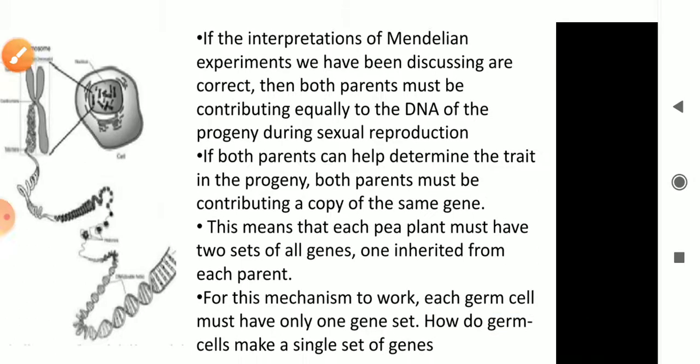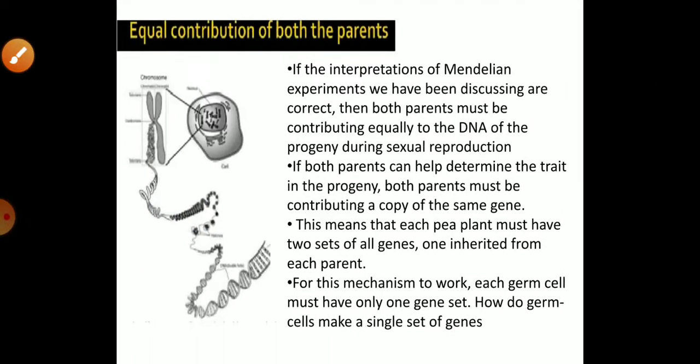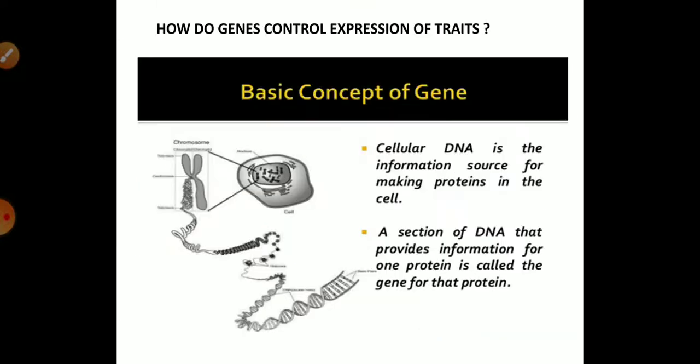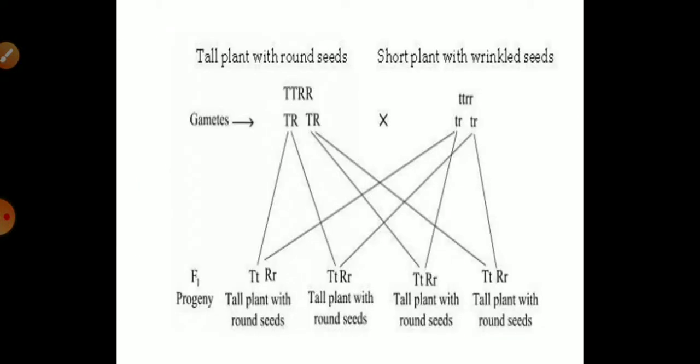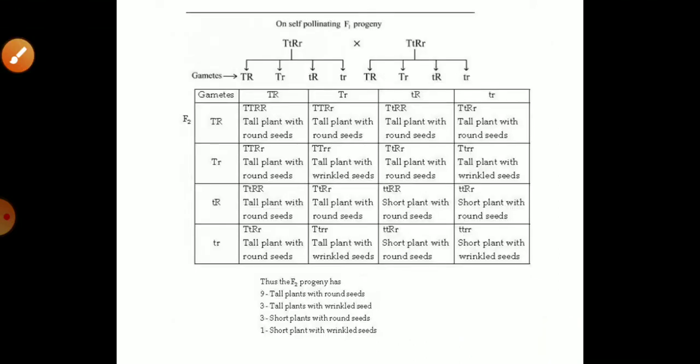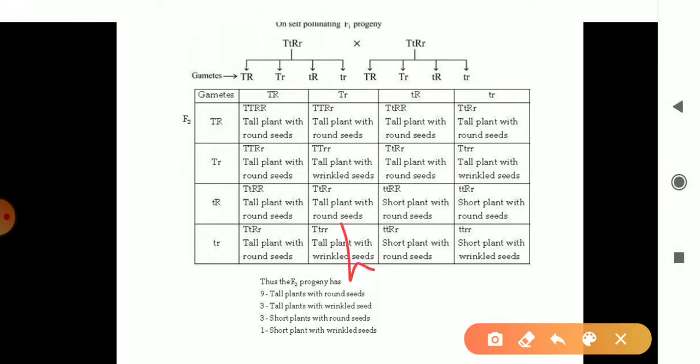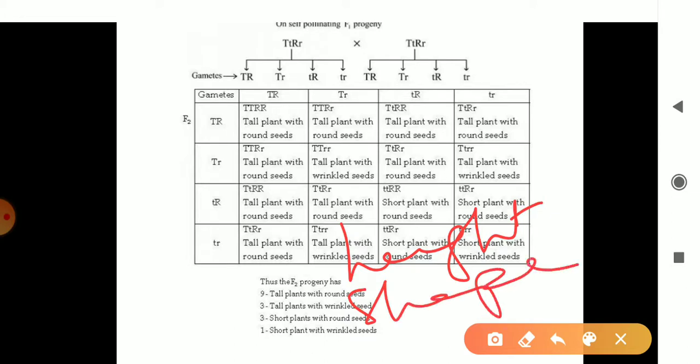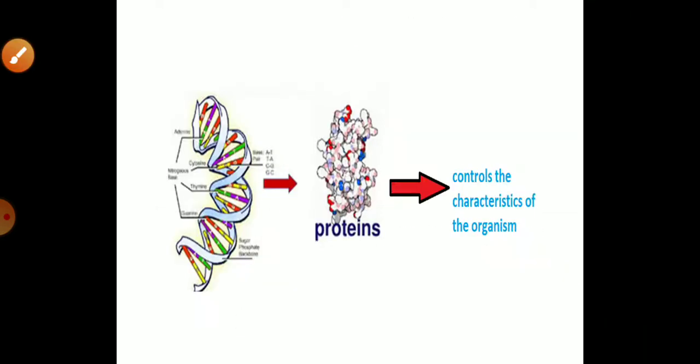When we take the example of shape and the height of the plant, it means that the inheritance of height is independent of inheritance of shape, and that's why we got new combinations also. And this suggests that the genes meant for height, the gene meant for the shape of the seed, the gene meant for color of the seed, or say flower color, are all present on separate chromosomes.